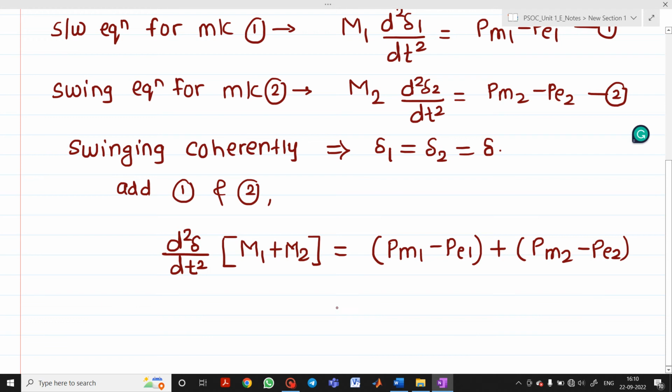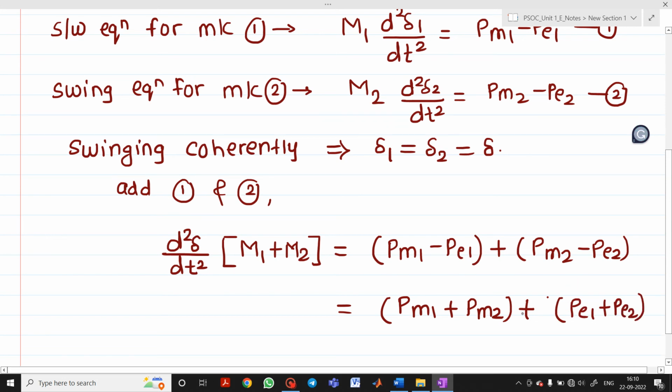Now I will collect the mechanical power terms, Pm1 plus Pm2. And here, if I take a minus common, then it will be plus Pe1 plus Pe2.